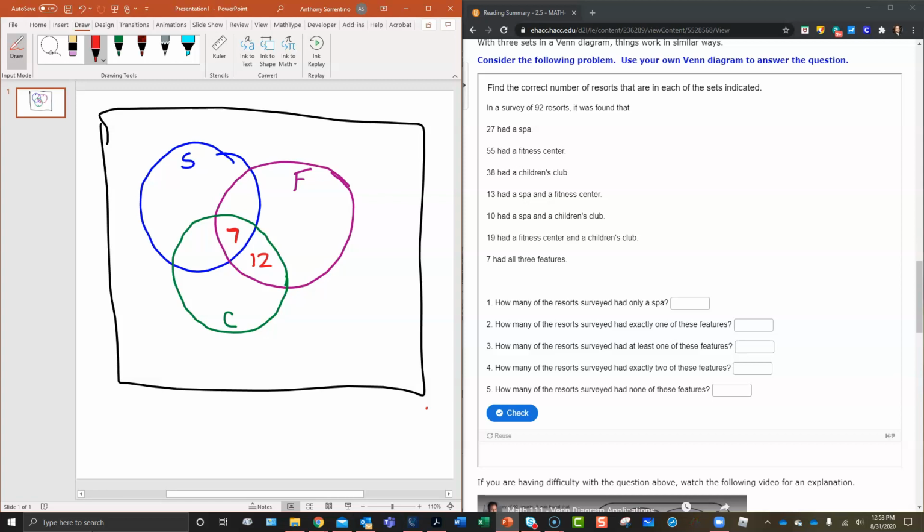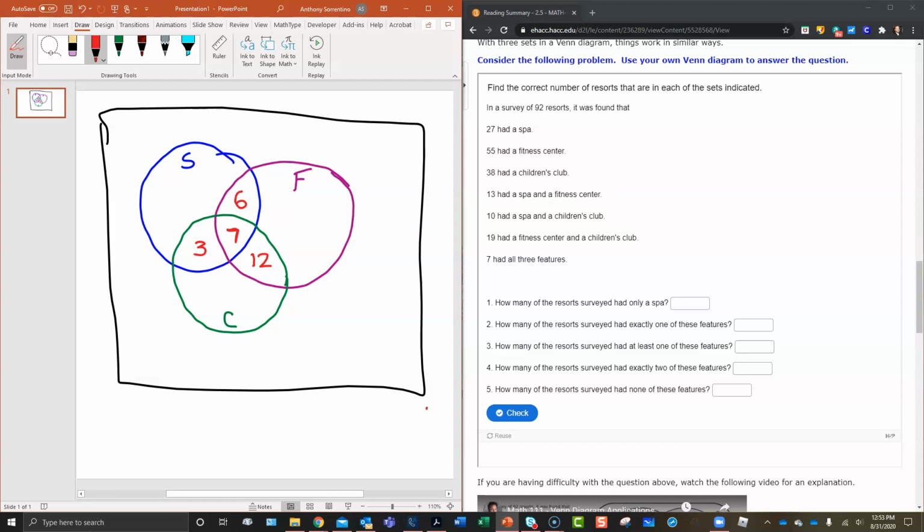That 10 includes the 7 that also have a fitness center, so there's only 3 in here. And last, the 13 that had a spa and a fitness center includes, again, those that also had the children's club. So that 13 includes that 7, so you would have 6 here.